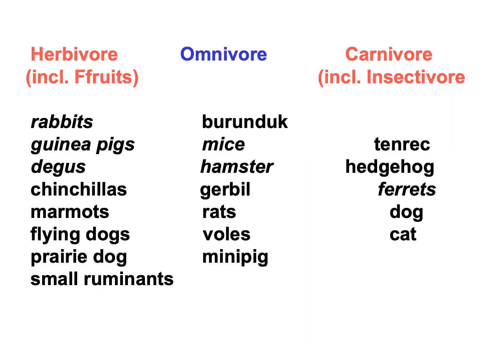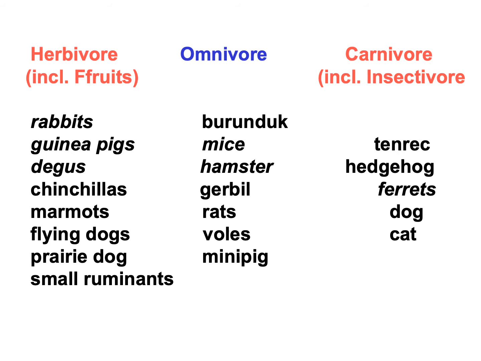To make some classification anyway, we can classify these animals like herbivores, including fruit eaters like the rabbits, guinea pigs, degus, chinchillas, marmots, flying dogs, prairie dogs, and small ruminants.